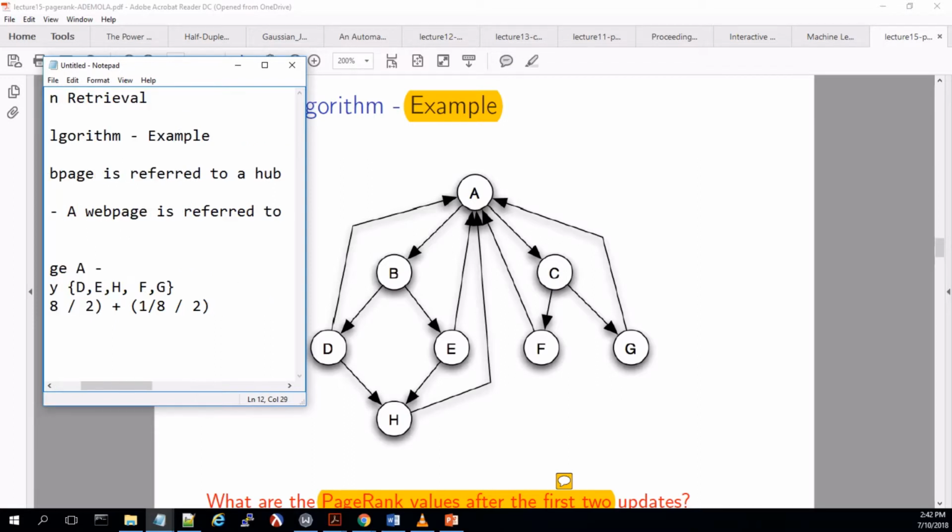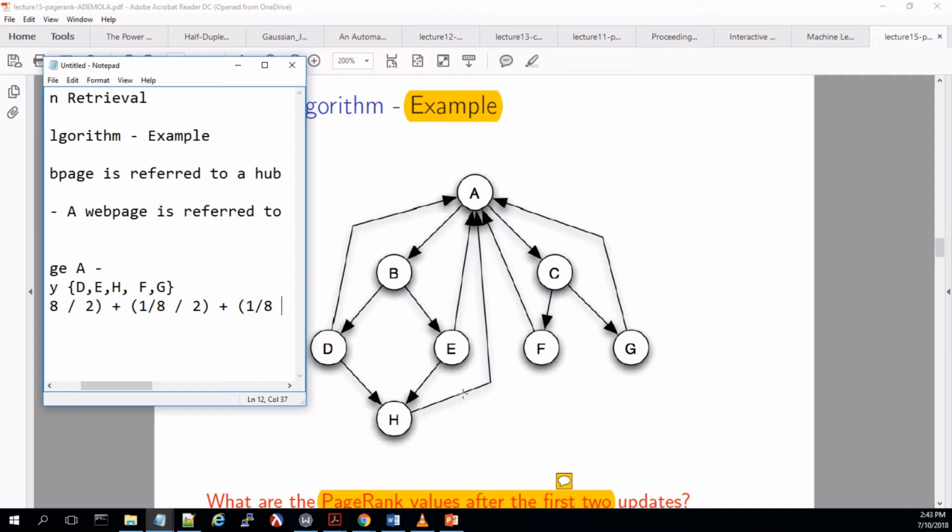Alright, so plus the next is H. What is the rank of H? 1/8 divided by, what is the out degree of H? The out degree of H is pointing out to only just 1. So you see that that is just 1.